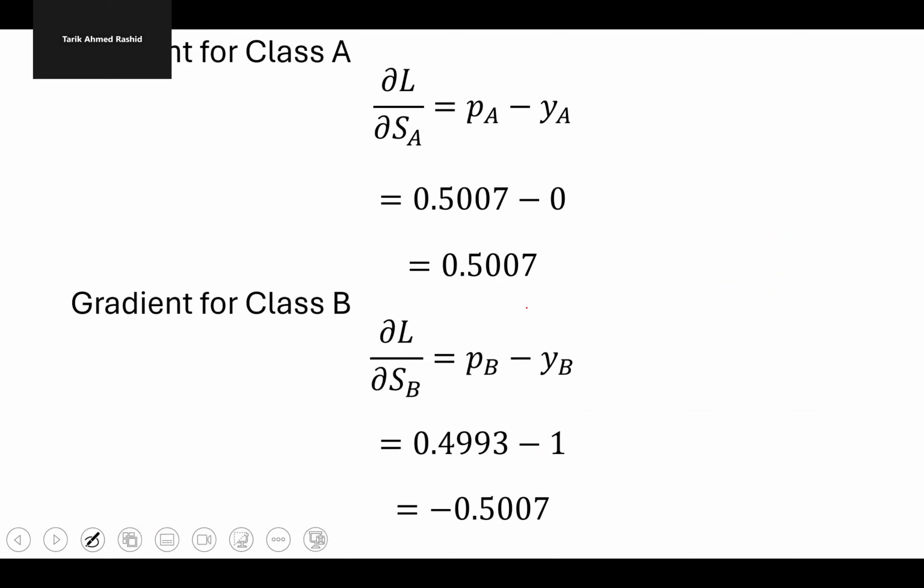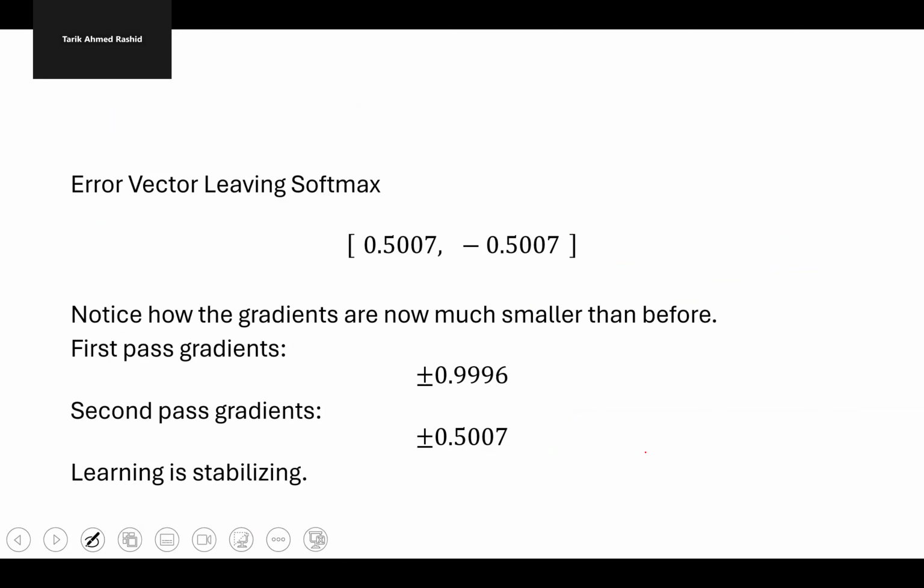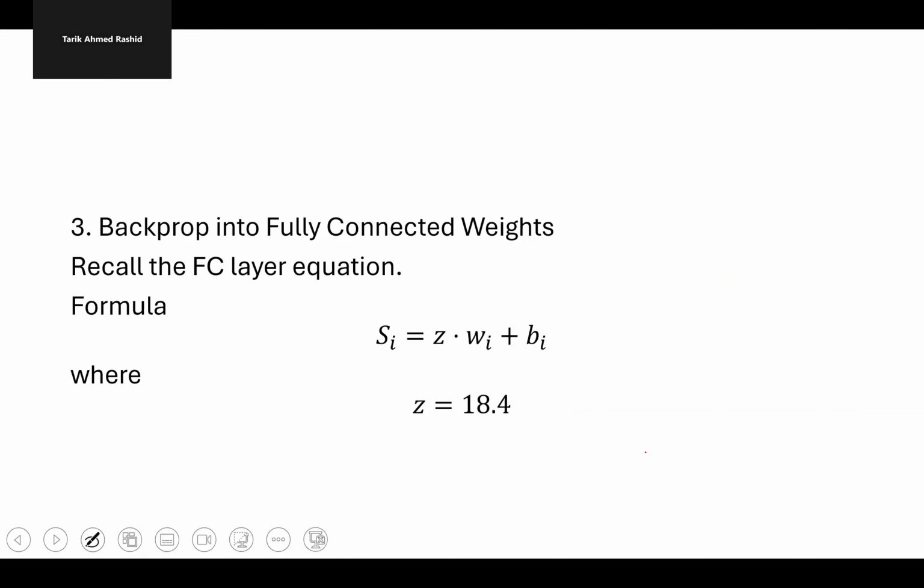We'll use this formula and find the gradient for the class. Then this gradient is multiplied by the weights, and then we will get the z this much.